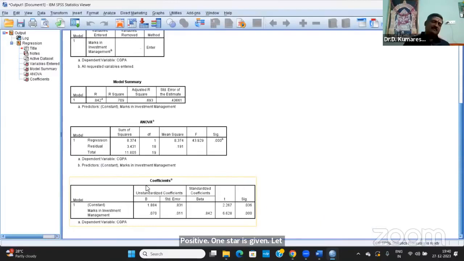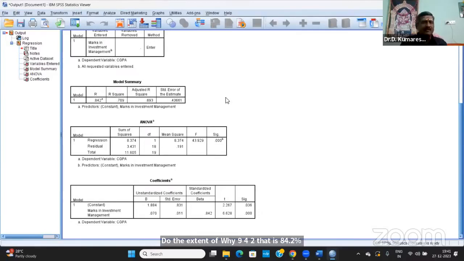That means significant at 5%. 0.842 is above 0.75 but below 0.9, so a high degree of correlation exists between these two variables. Marks in investment management and CGPA are related to the extent of 0.842, that is 84.2%.